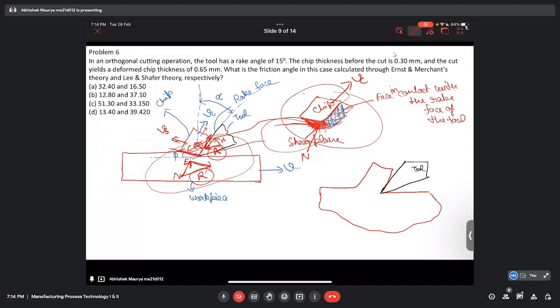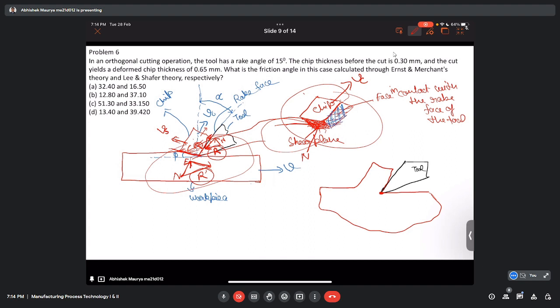Okay, now just try to concentrate on the tool tip. So I am going to draw the force diagram at the tool tip, or the contact of the tool tip and workpiece.